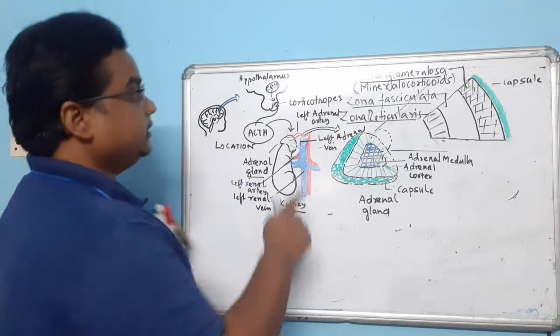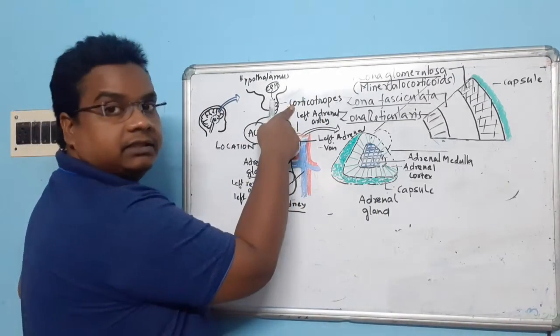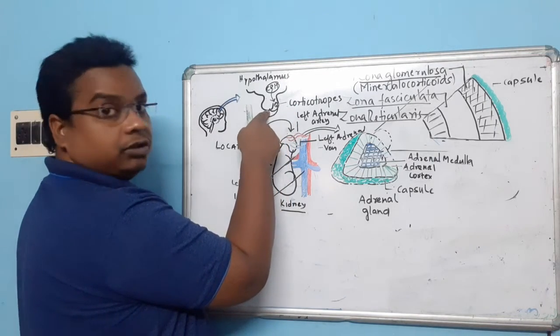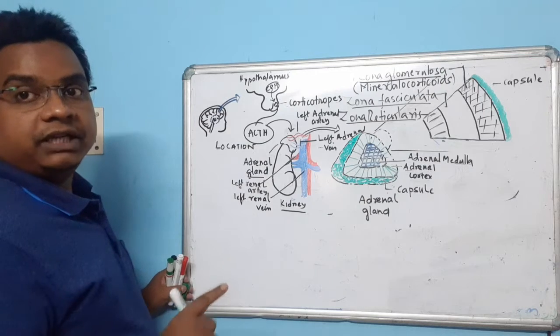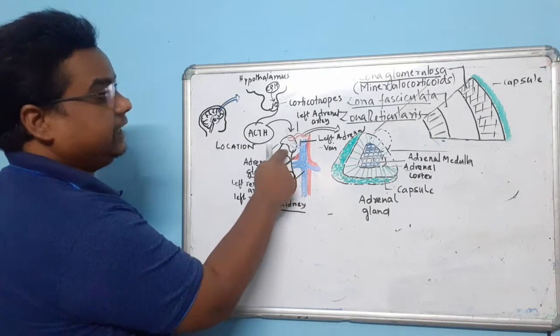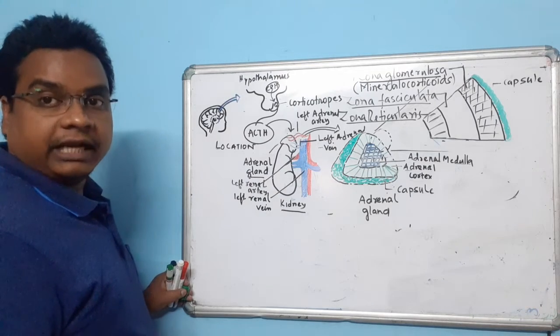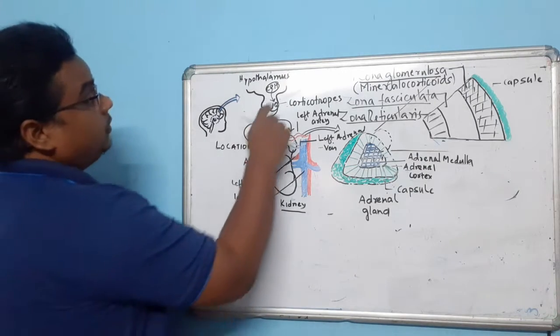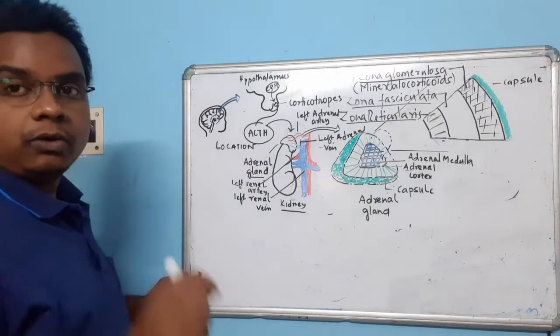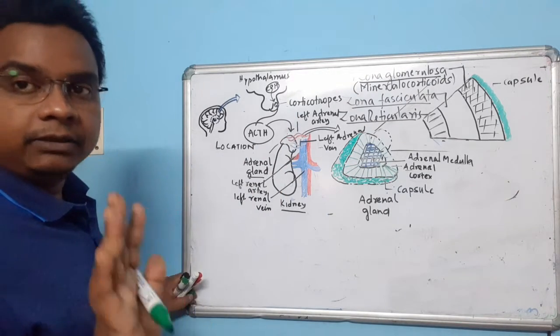Here the corticotropes are the specialized cells in the anterior pituitary that release the hormone involved in regulating secretions from the adrenal cortex to some extent. The hypothalamic product released is corticotropin-releasing hormone.